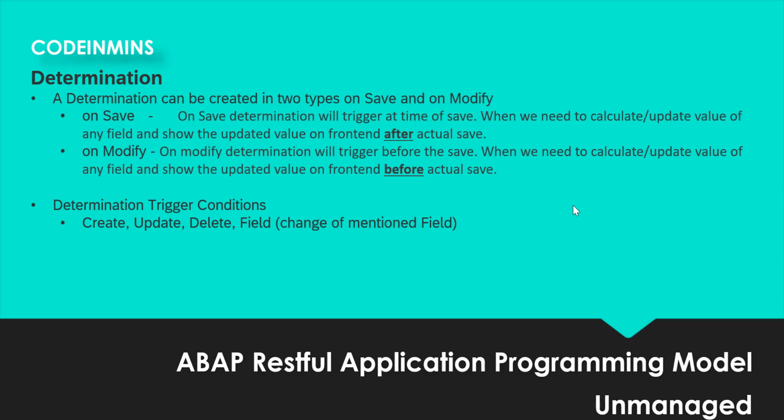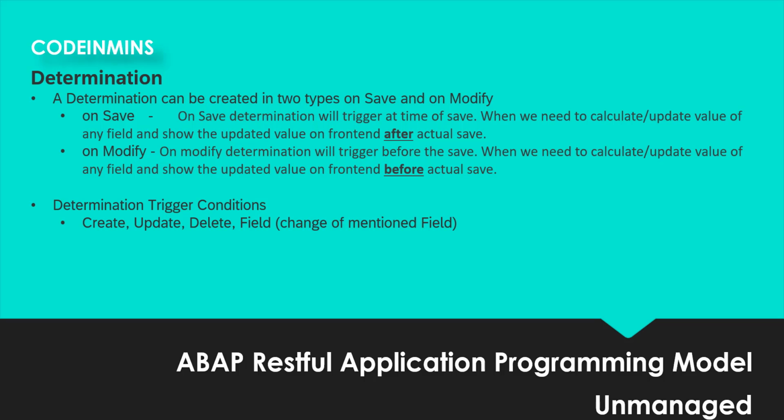So the very first thing is, what is determination? At a high level, determination is used when there is a requirement to determine the value of one field based on another field on certain trigger conditions.